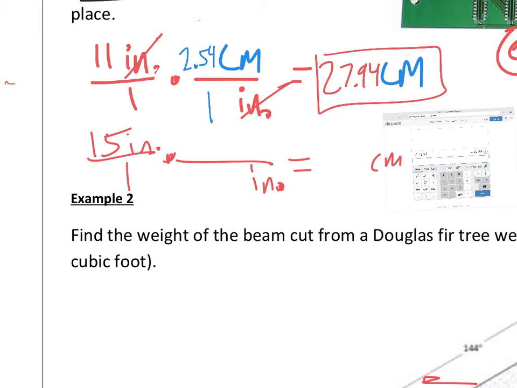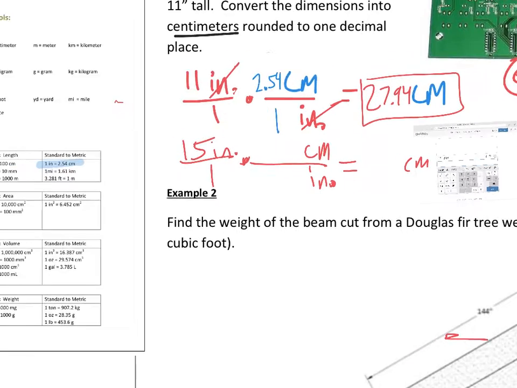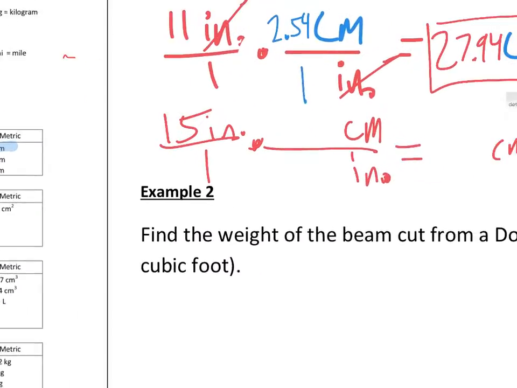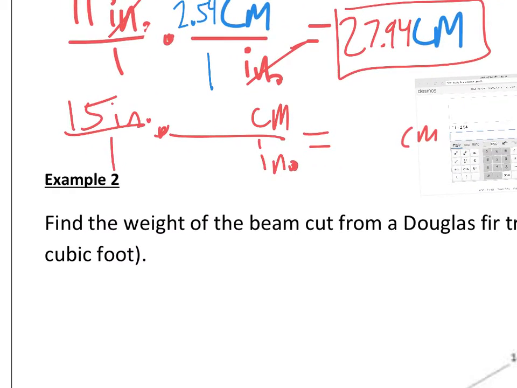What units do I want to keep? Centimeters. And I have the conversion factor of inches to centimeters. I know the relationship there. I know that 1 inch is 2.54 centimeters. So again, the inches are going to cancel, and I'm just left with centimeters.